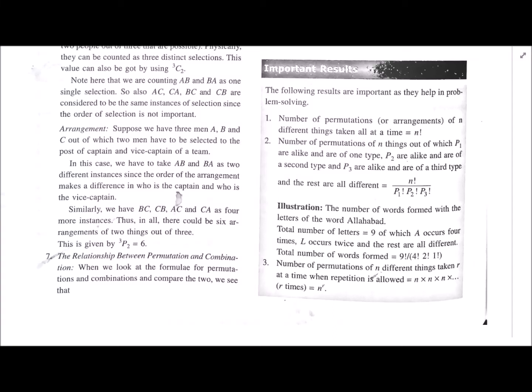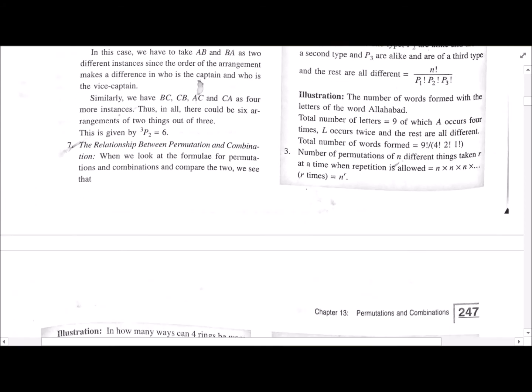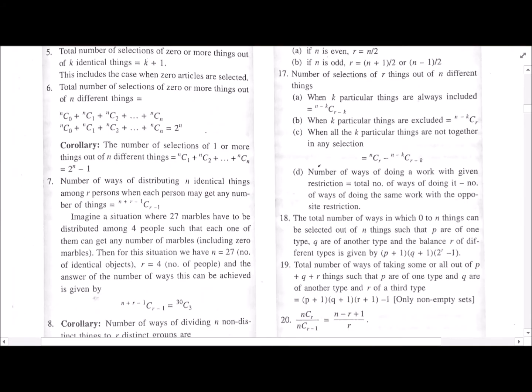This is your next lecture of permutations and combinations, where we will primarily focus on studying these 21 important results. Okay, these are the 21 points.